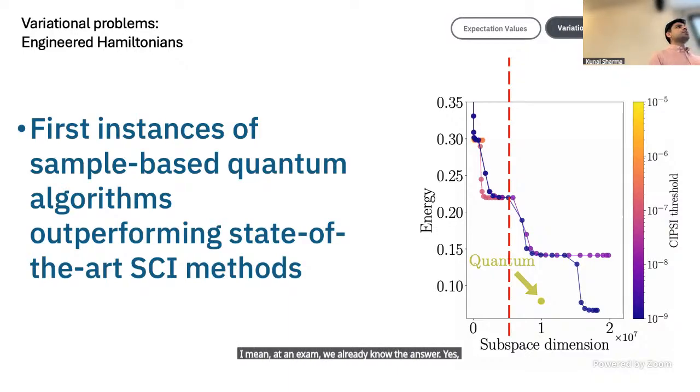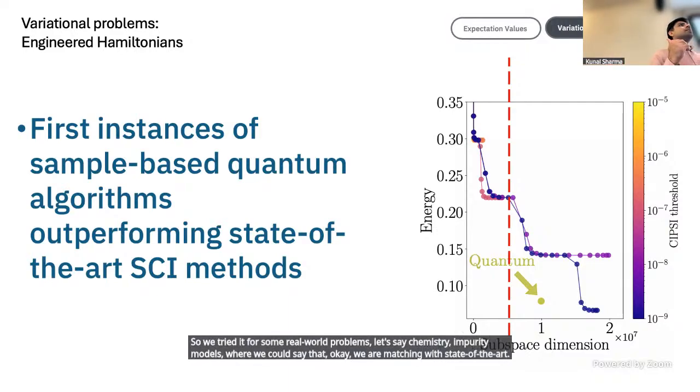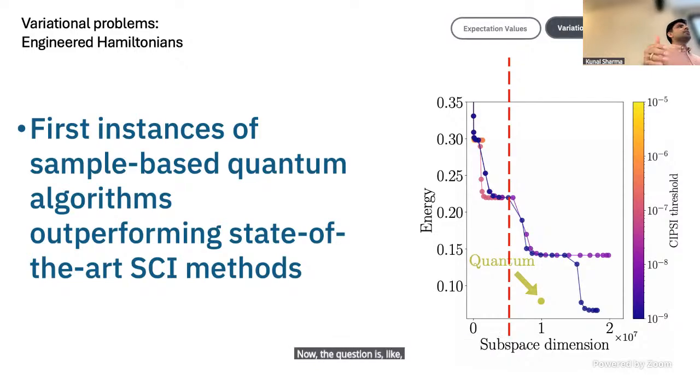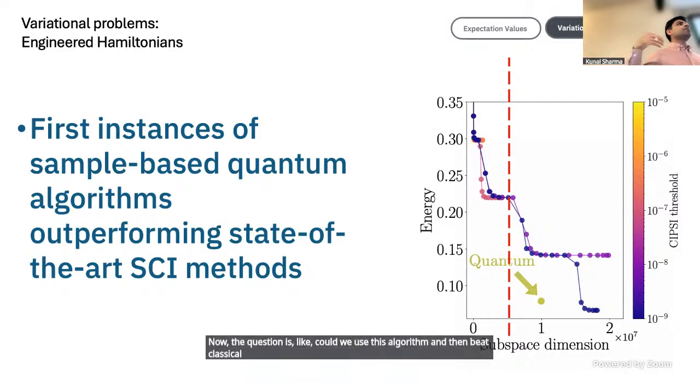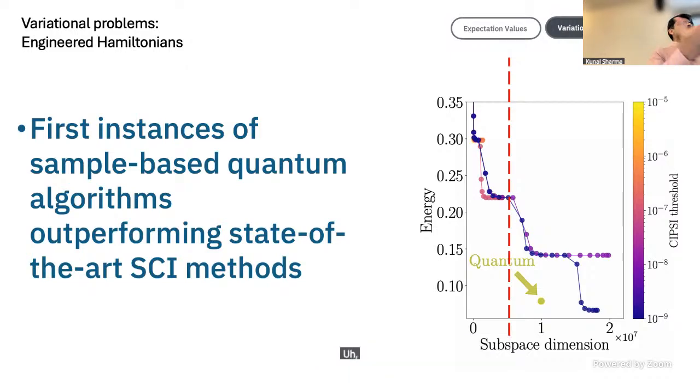So a real world problem might not be simple to know if you meet them. That's correct. We tried it for some real world problems, let's say chemistry, impurity models, where we could say that we are matching the state of the art. Now the question is, could we use this algorithm and beat classical methods for some real world problem? I think that's up to tests on the devices. So you just try.